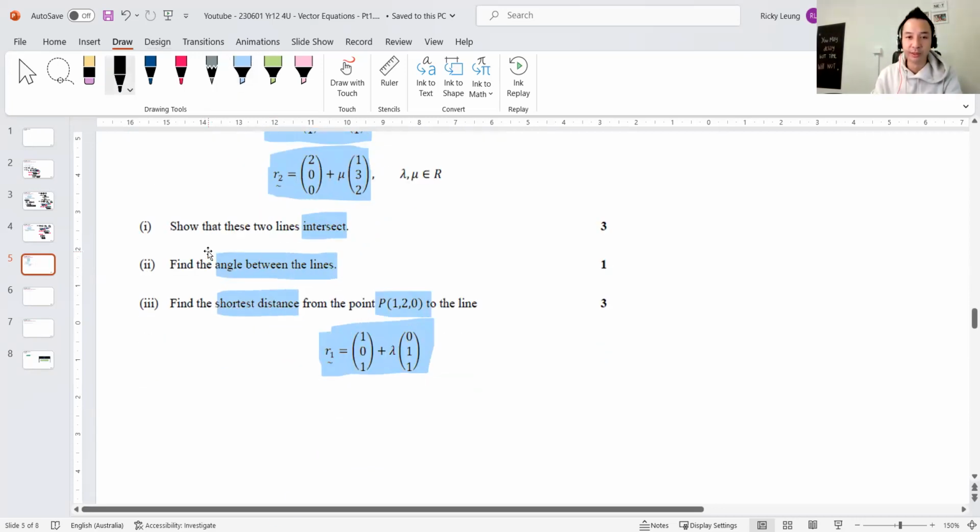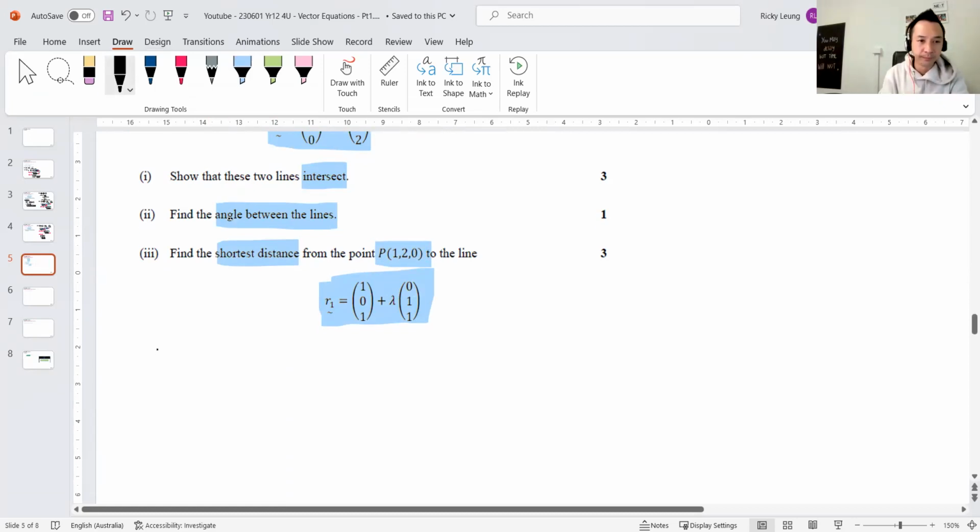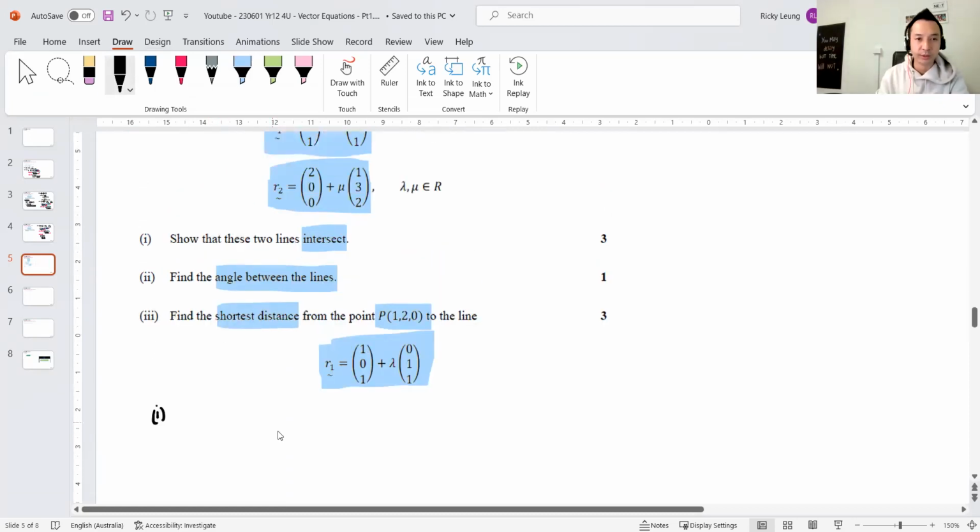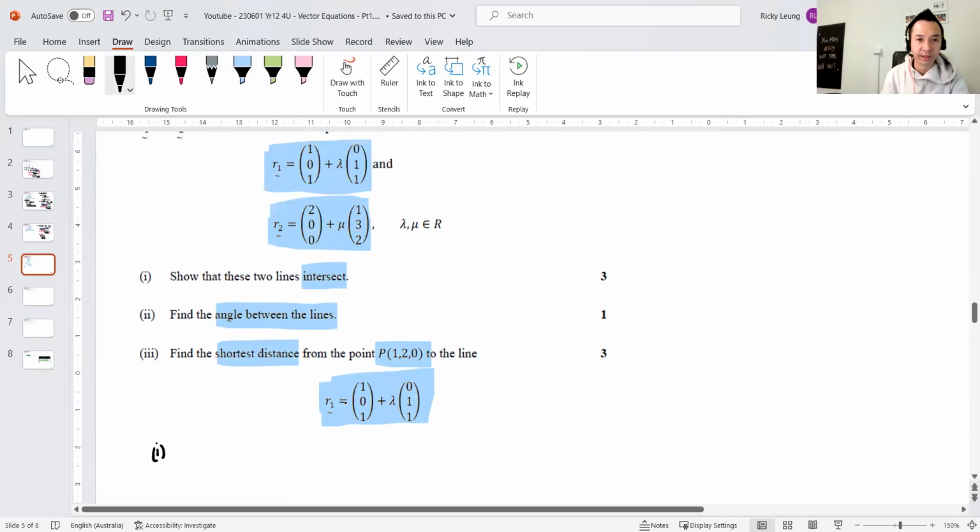Let's do what we always do. Part 1, show that the 2 lines intersect. So I'm just going to compare x: 1 plus 0 lambda. Well, that's actually quite easy, because you find lambda 2, so mu in this case, quite immediately, plus mu.